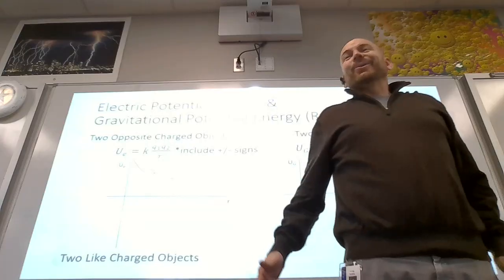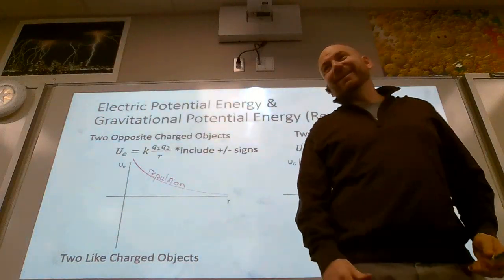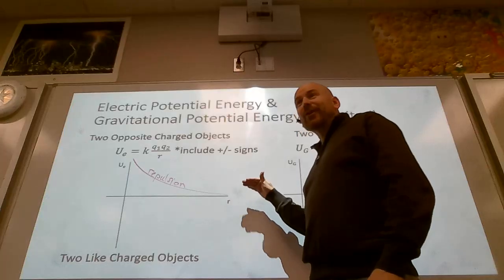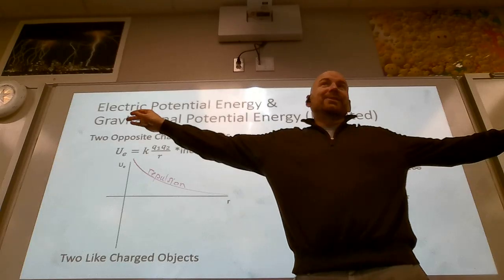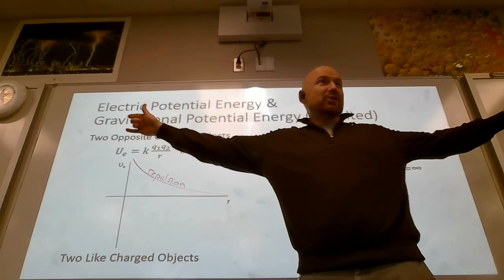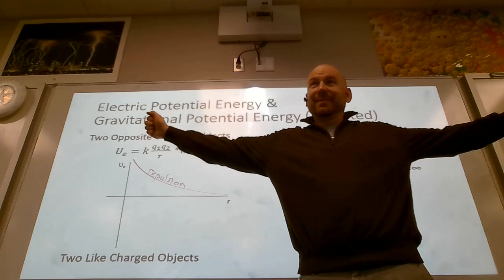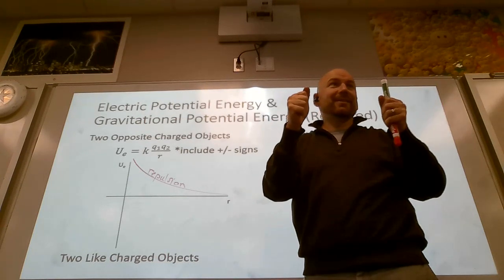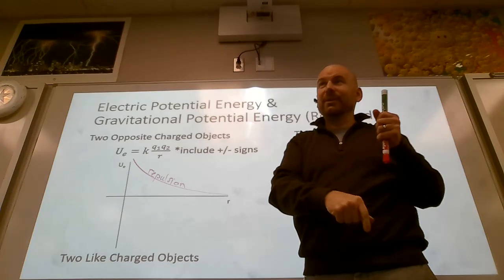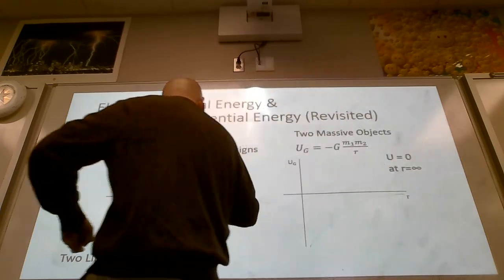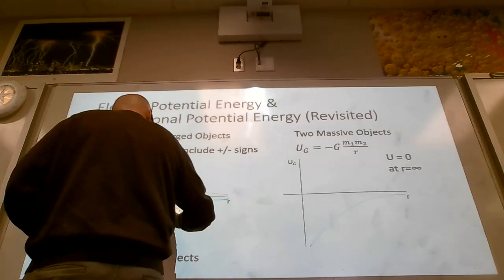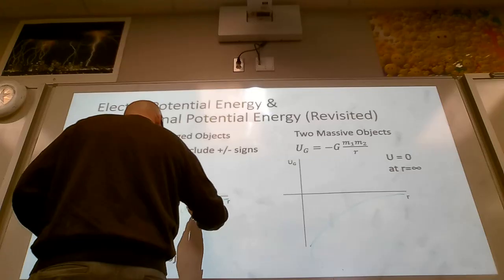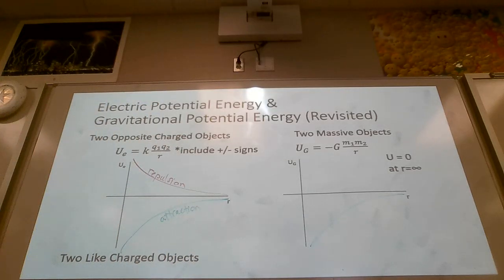So, in order to make this a complete story, we need to start from far away. That's where there's the most potential energy if there's attraction. And as they get closer, we decrease potential energy. So we do that for potential energy when something's attracted.